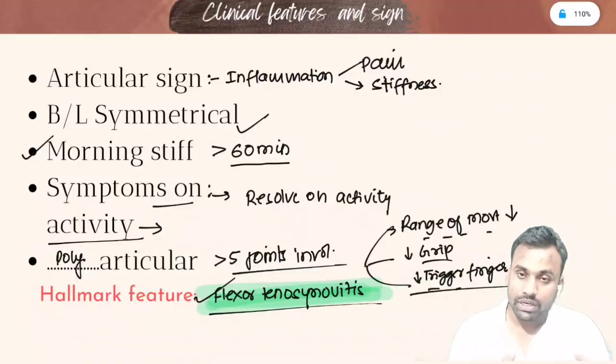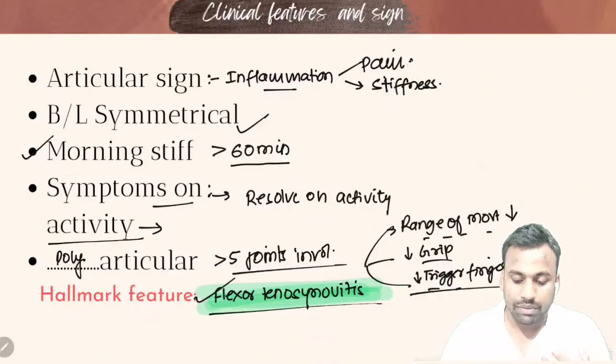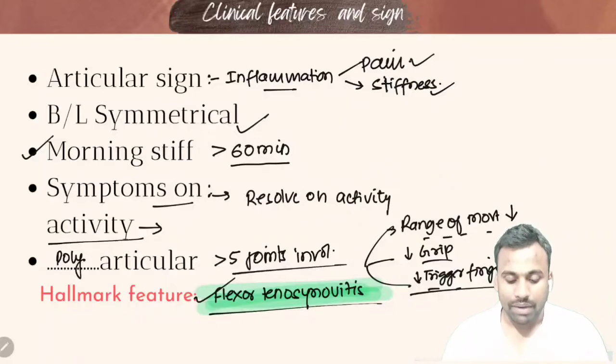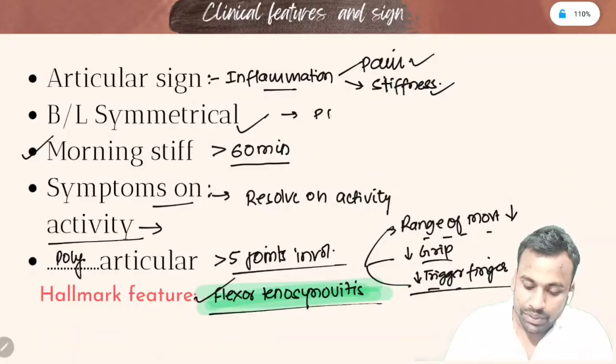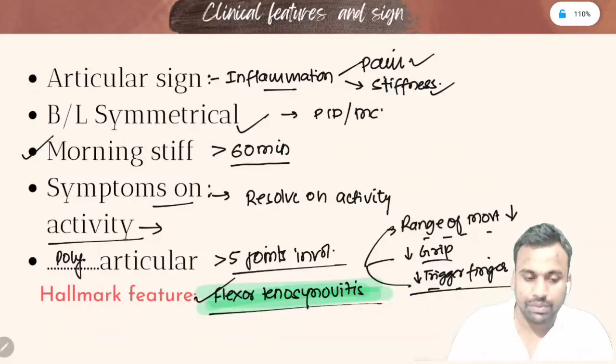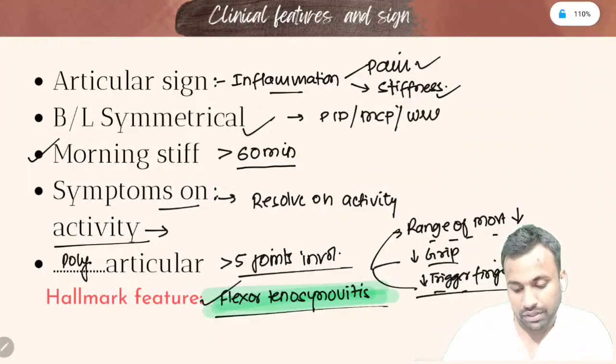First we revise all the clinical features. The patient has articular signs like inflammation, and the inflammation has tenderness or pain, or sometimes the patient may have stiffness in the joints. There is bilateral symmetrical involvement, mainly of the PIP and MCP joints, and mainly the wrist joint.